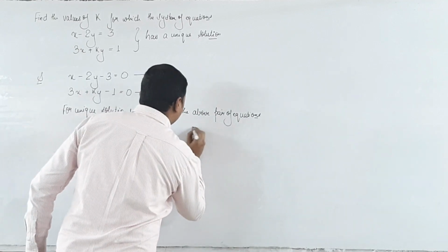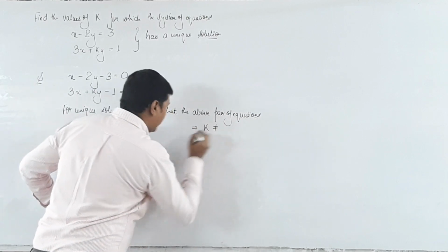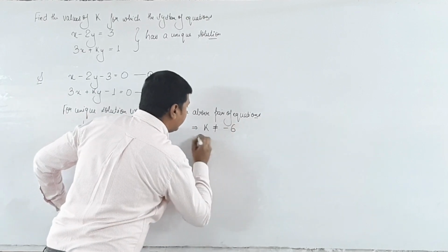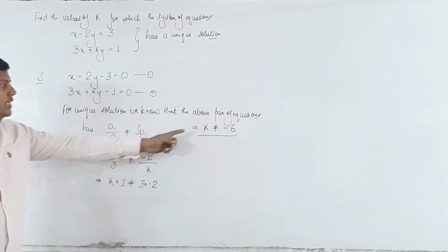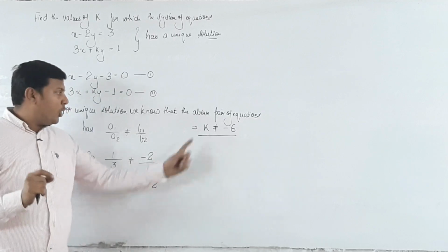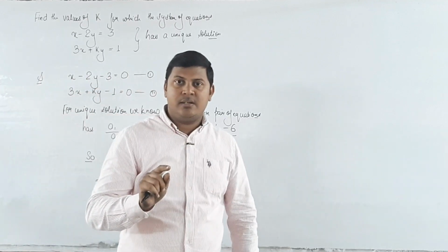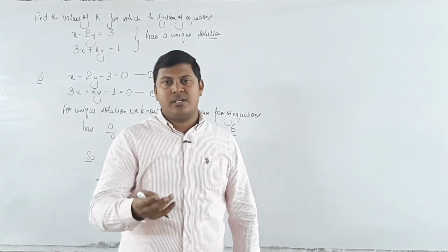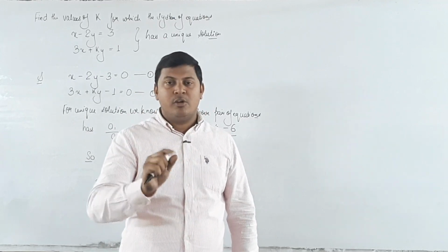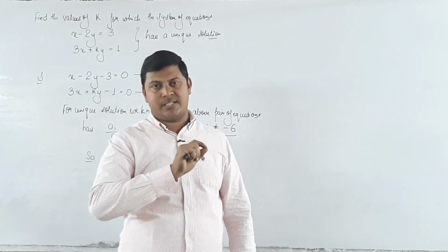So k is not equal to minus 6. This value represents that the above set of equations has a unique solution for every value of k except minus 6.